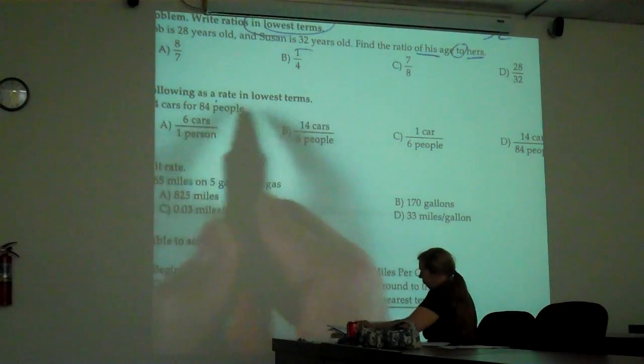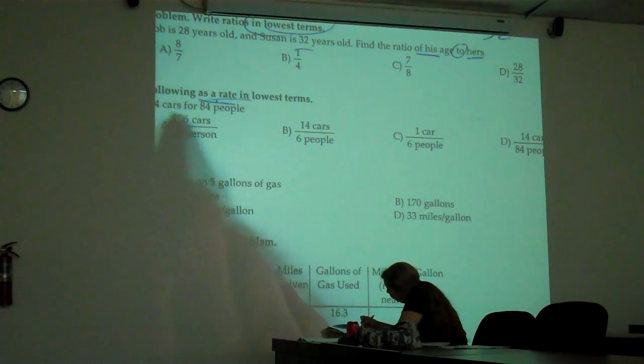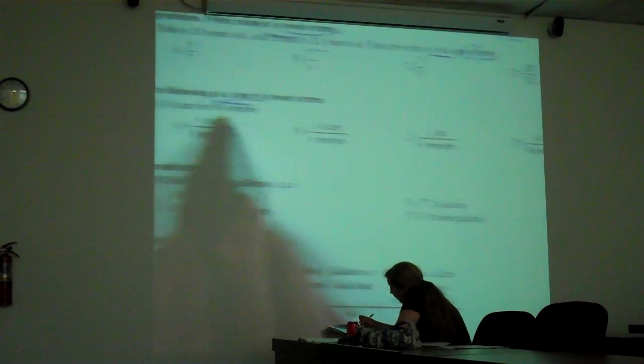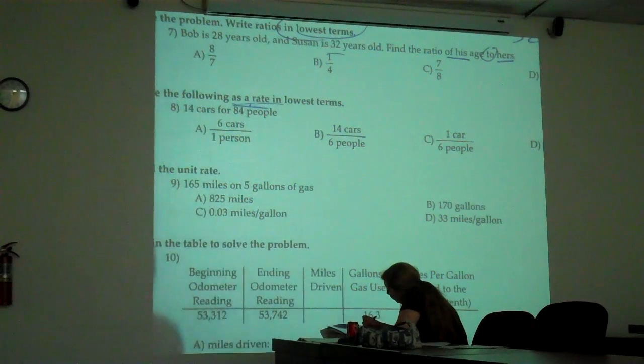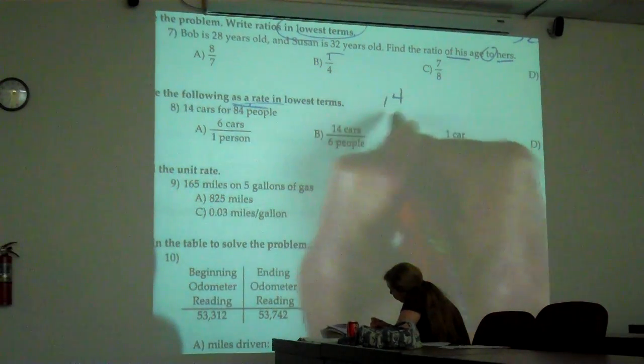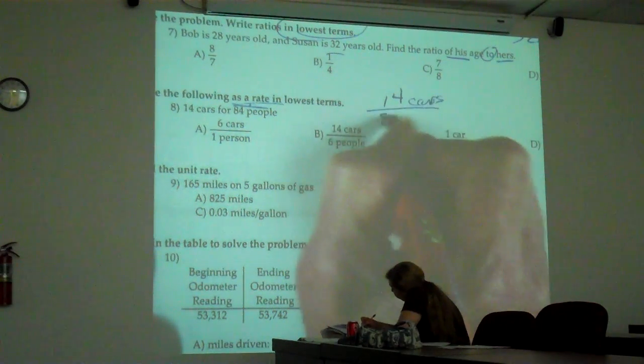Okay, write the following as a rate in lowest terms. So you have 14 cars for 84 people, you need cars per person. Cars for how many people? So you have 14 cars for 84 people.